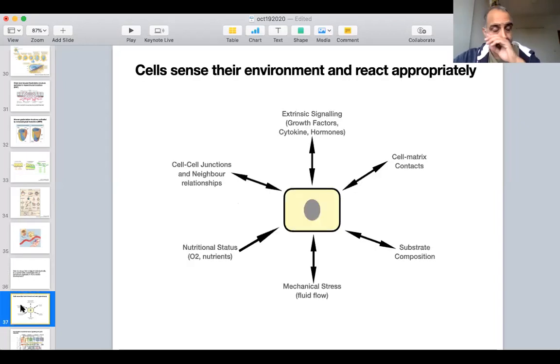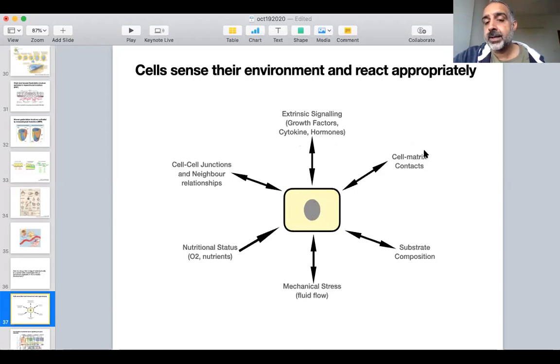And so we know that cells can sense their environment and react appropriately. So these are all the ways that I could think of that a cell senses some change and does something. I'm sure that all of you will be able to think of a few more. So for example, I think of extrinsic signaling, so growth factors, mitogens, cytokines, hormones, acting on a cell to do something.